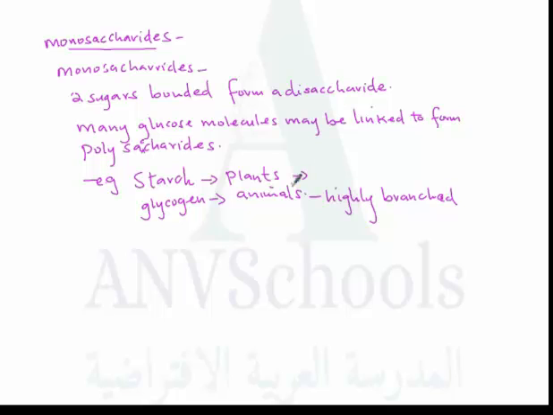This one is also branched, but not as highly branched as the other. So we can say starches are also branched chains of simple sugars, and in this case glucose.